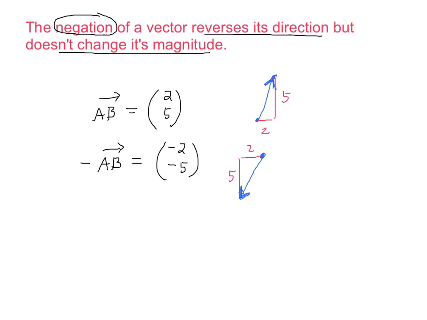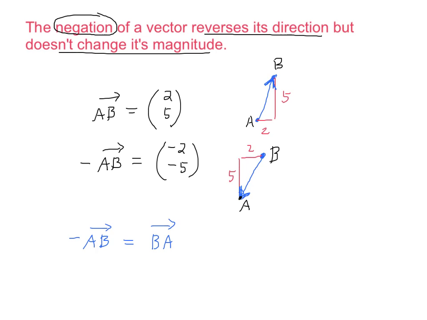In general, we can say that the negation of vector AB is actually going to become BA. If we're keeping the length the same but just reversing the direction, then you're really just reversing the order of your letters. Let me go back here and label this A and label this guy B. Now this is still B and this is still A, but you can see that the negation of vector AB is really just vector BA.